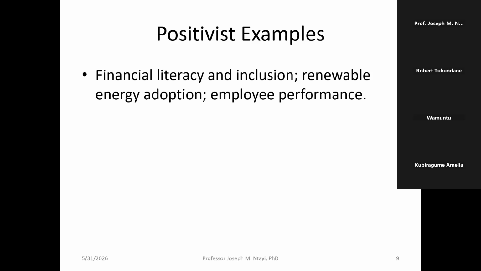But the adoption rates remain uneven across rural communities. And when you interrogate literature, you discover that existing studies also provide limited understanding of the factors that actually explain the variation in adoption behavior.